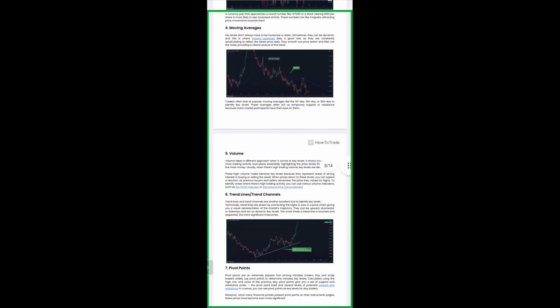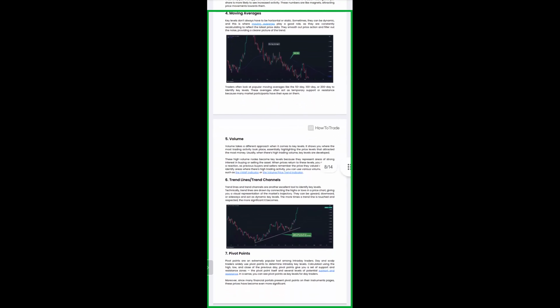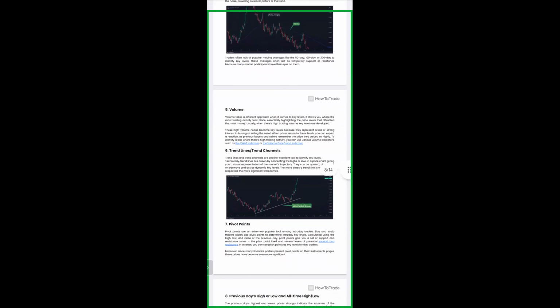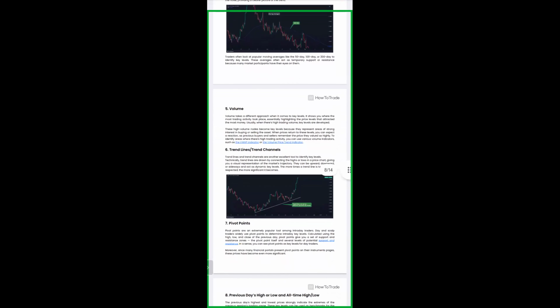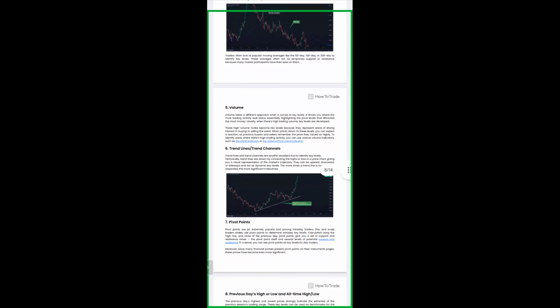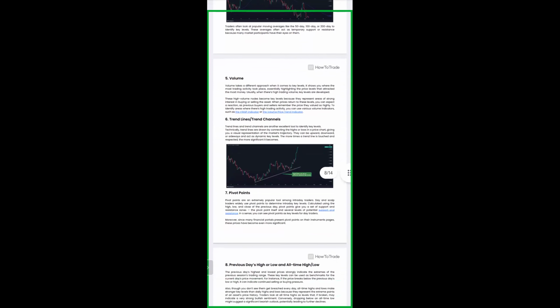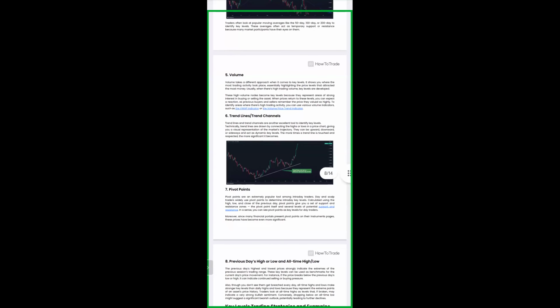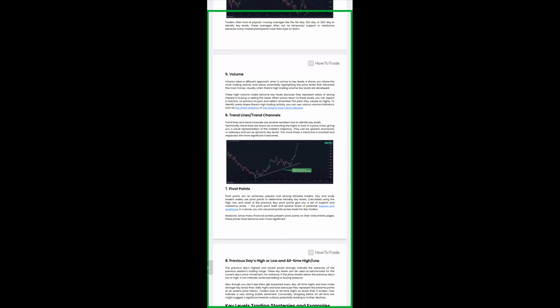So volume also assists in making buying or selling decisions. This is also another way of depicting key levels.